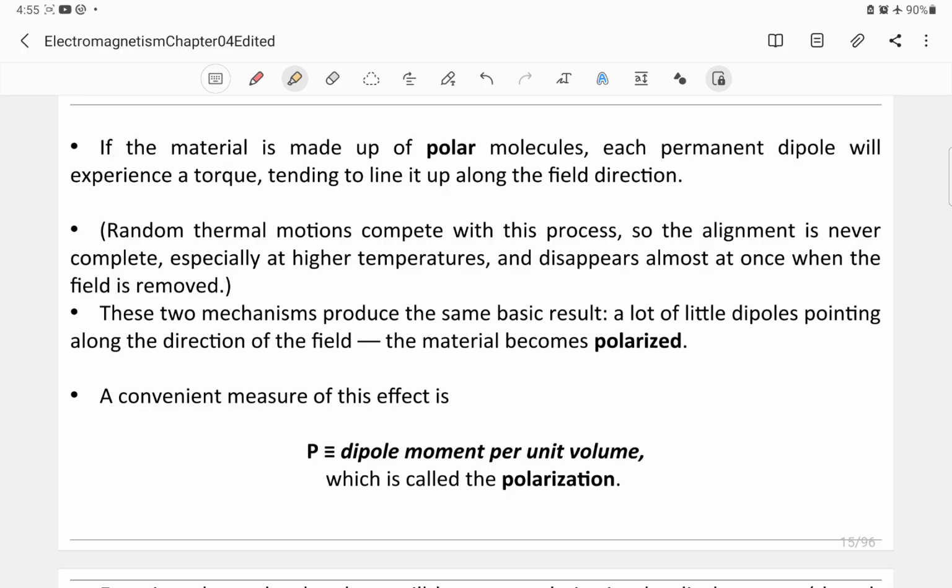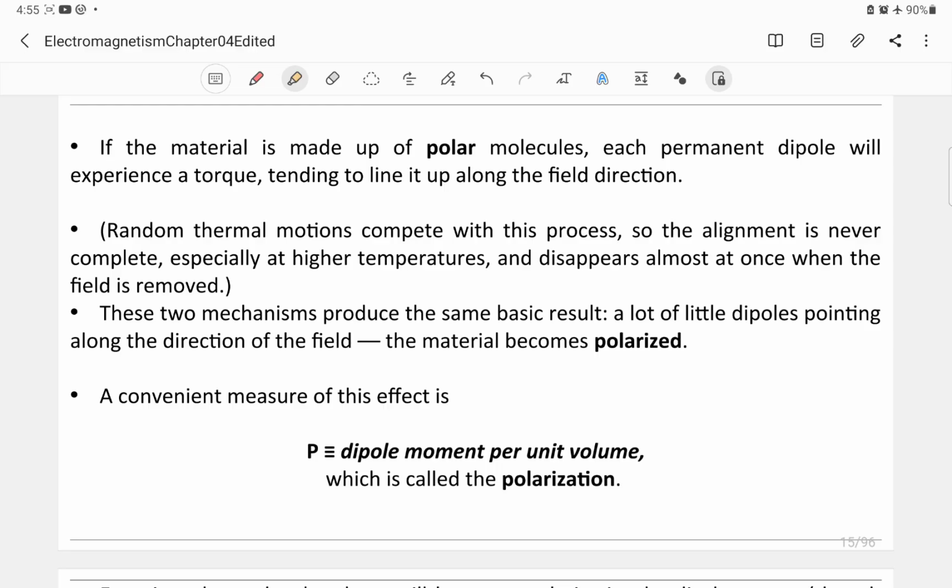But anyway, if you just have some temperature that is not so high, the atoms are not going to be in random motion.